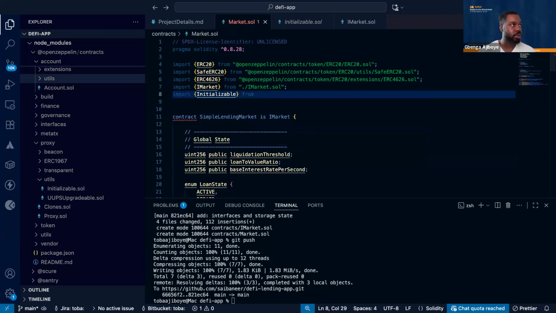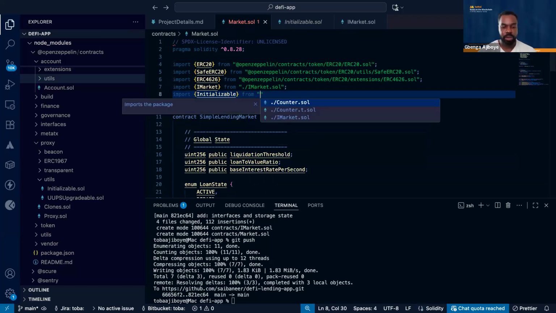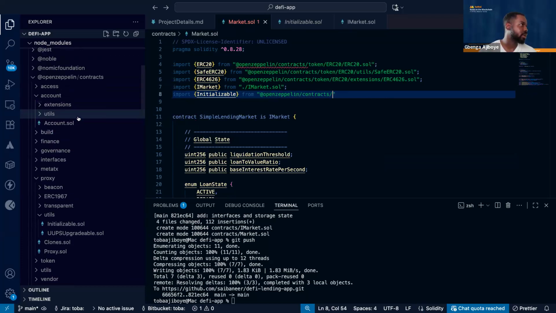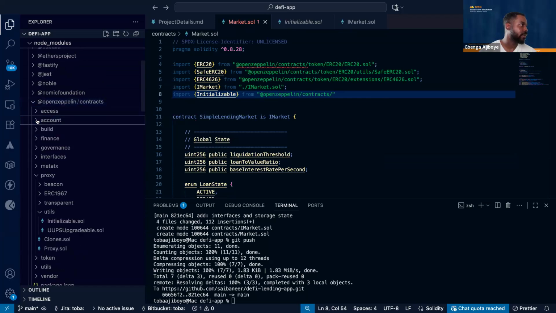From this, we're going to do OpenZeppelin contracts, contracts proxy, and then we are going to do utils, and we're going to do initializable.